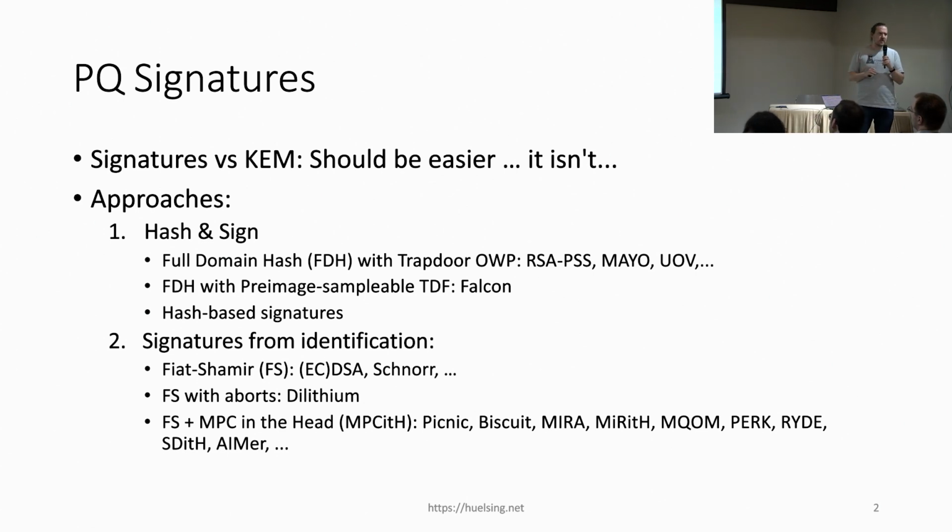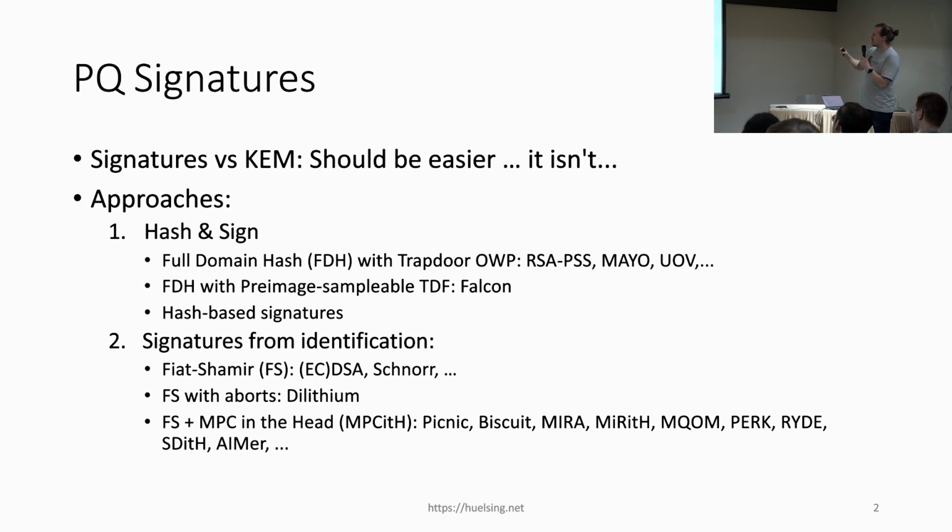The first one is hash and sign, and I think Chris mentioned this a bit in his talk. So the idea is that you hash your message, and then, for example, I can use a trapdoor one-way permutation to invert on there, and that gives me the signature. This is what we do with RSA. In the case of lattices, we have the same thing.